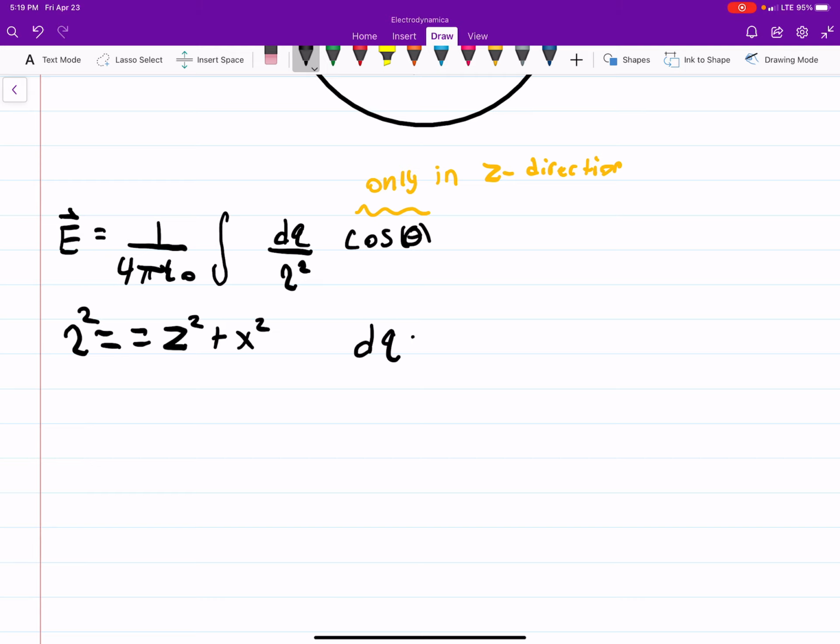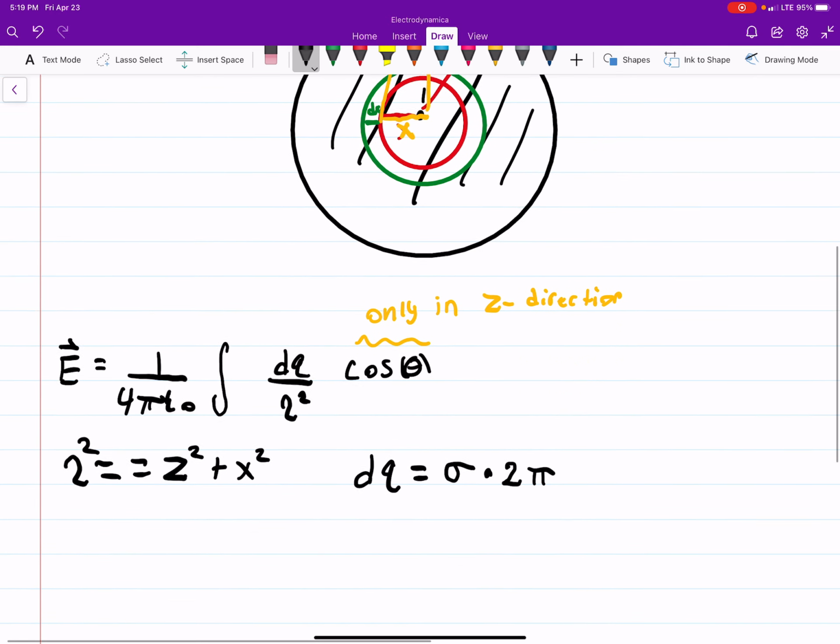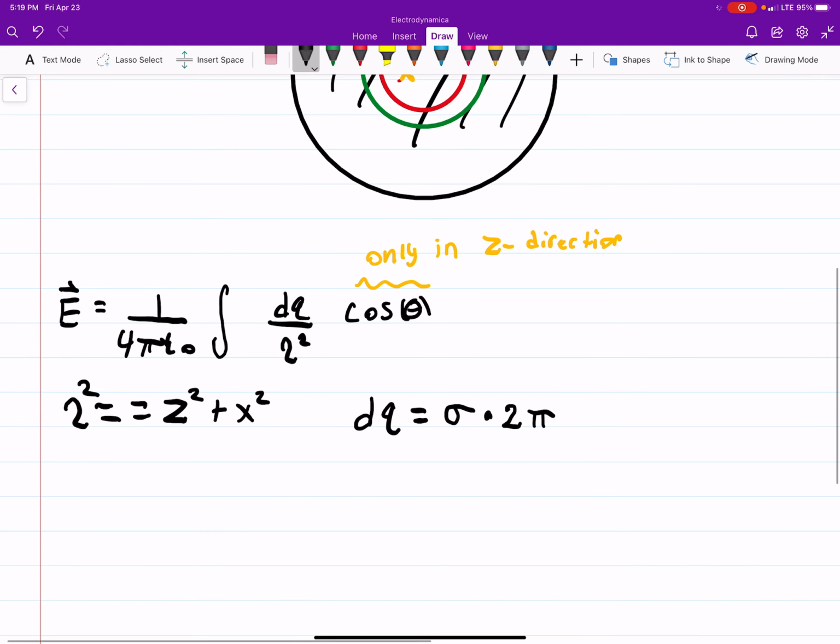Now dq is going to be a little bit different here because now it's a charge per area. So we're going to have sigma times 2 pi r, but we're not using capital R because we're not necessarily going to the very end. We're just going to call it x dx.